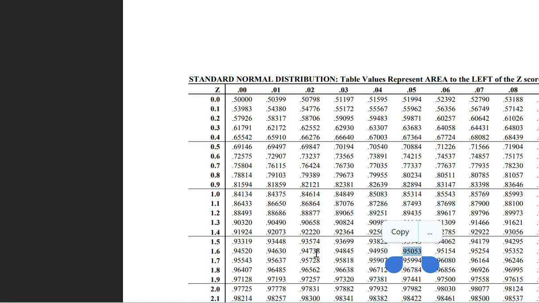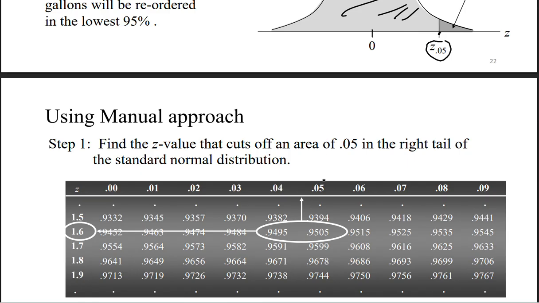And so on this row here, we could use any of these, and that should be okay. But I'm going to go with 1.65 because that is the closest to 0.95. Okay, so 1.65 is the value of z that gives us the area of 95%.